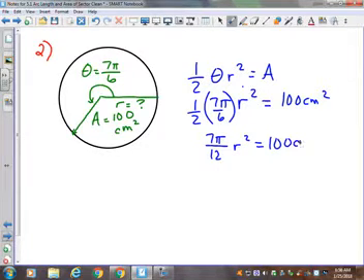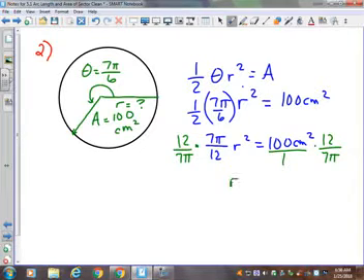We've got to get rid of that fraction, so we're going to flip and multiply 12 over 7 pi to both sides. And that's going to give me r squared. Now that doesn't reduce, so that's 1200 over 7 pi centimeters squared.